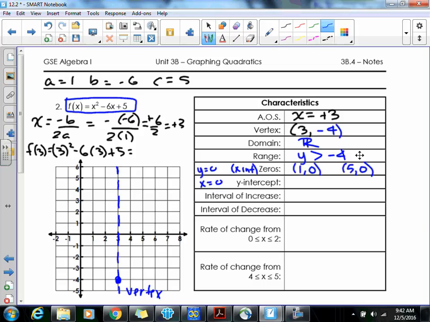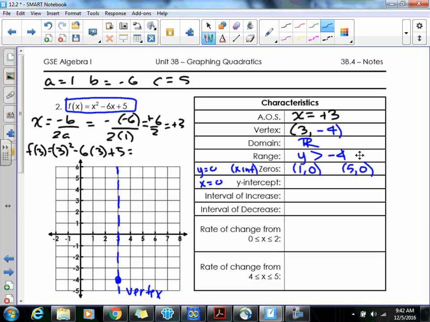Oh, you can also do second plus. Okay, so that's an x-intercept. That's the x-intercept. That's 1 zero.